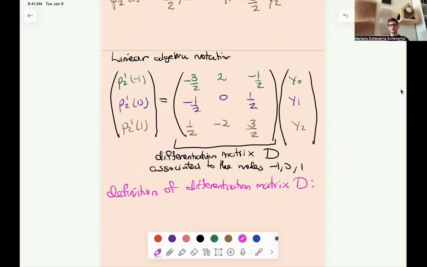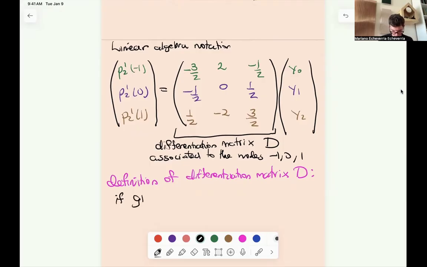Okay, so again, the idea is that if you are given n+1 nodes, they are x0, x1 up to xn. So you have n+1 points, right?